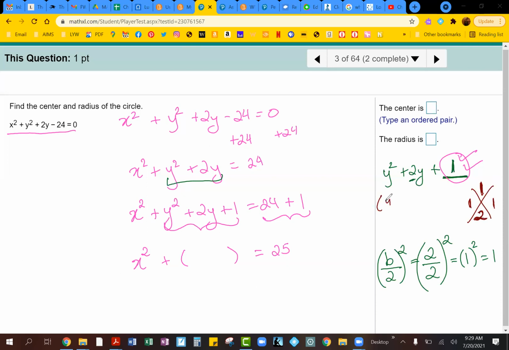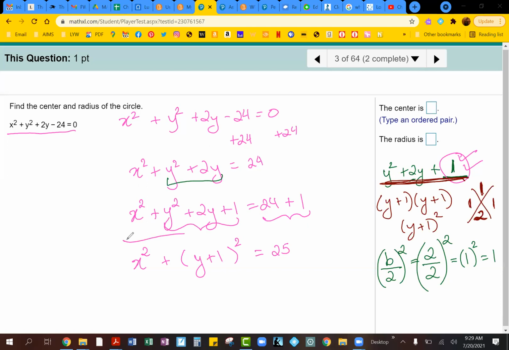So you can factor this into y plus 1 and y plus 1. And since you did completing the square, remember I said this comes out to be a perfect square trinomial. So that means both your factors are going to be the exact same factor. So that's why you get y plus 1 and y plus 1, or as Suhani said, y plus 1 to the second power.